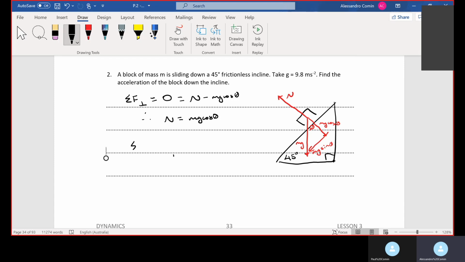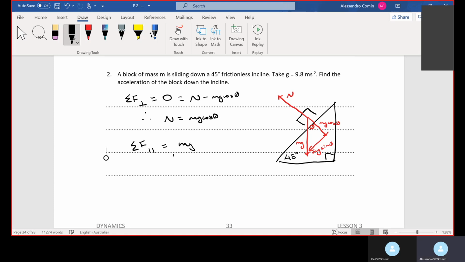And then secondly, we have force parallel to the slope. That's just going to equal force down minus force up, or force up minus force down, whatever you pick. I'm personally picking force down minus force up, so I don't get a negative.